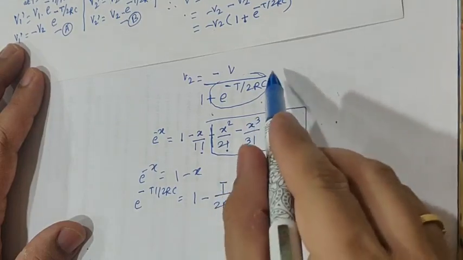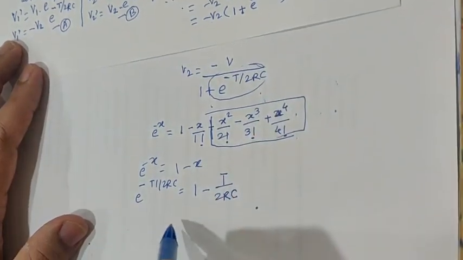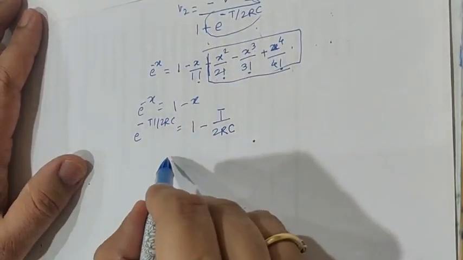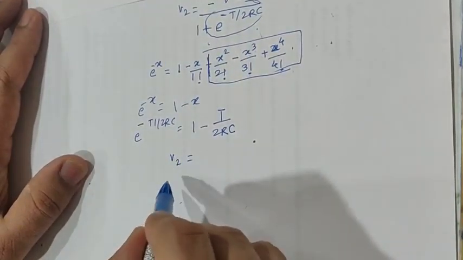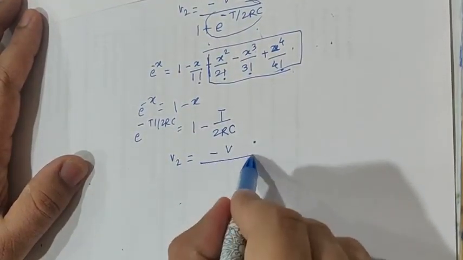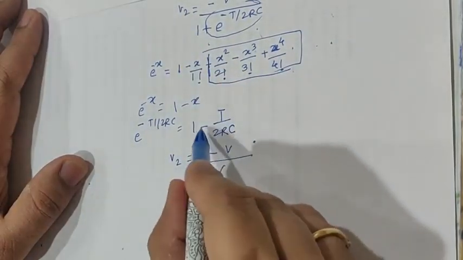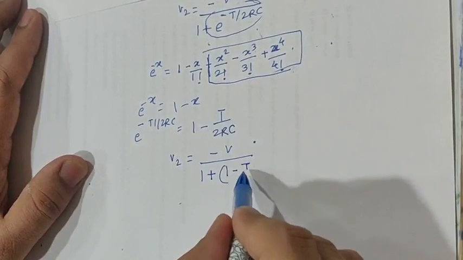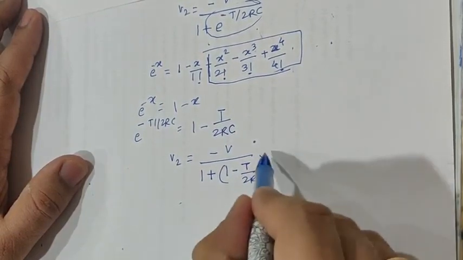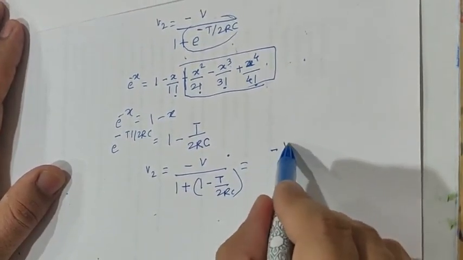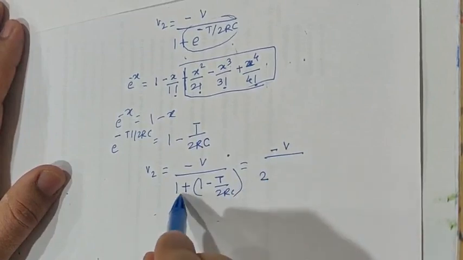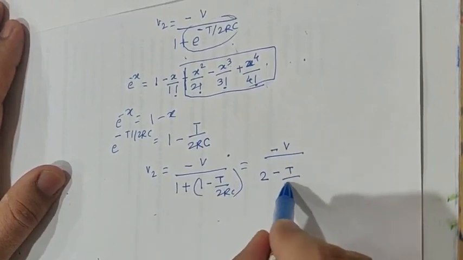So let us put it in this equation. Now my equation is going to be V2 is equal to minus V upon 1 as it is plus 1 minus t by twice RC, that is minus V upon 2, 1 plus 1 is 2, minus t by twice RC.